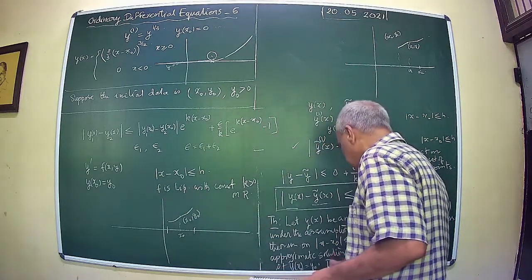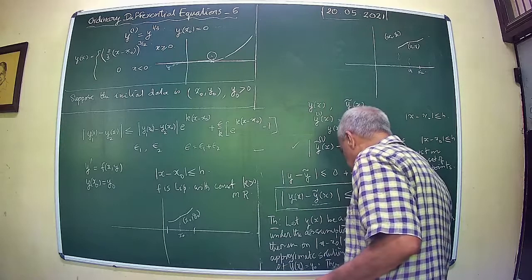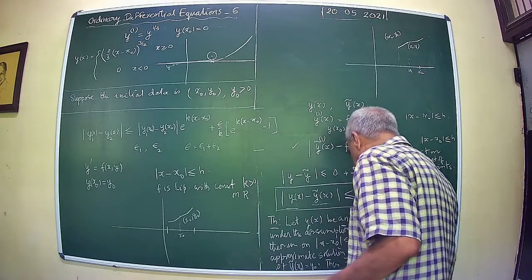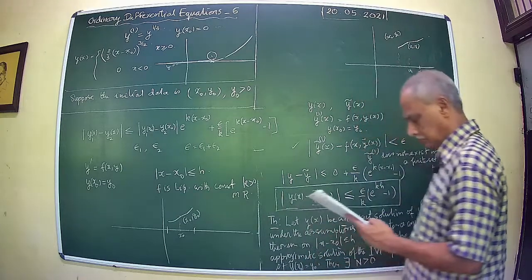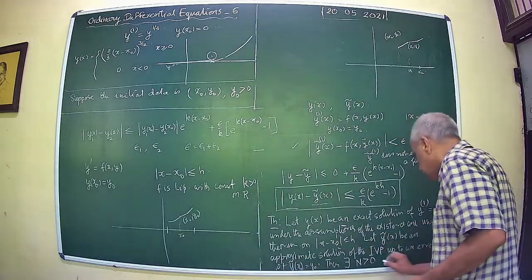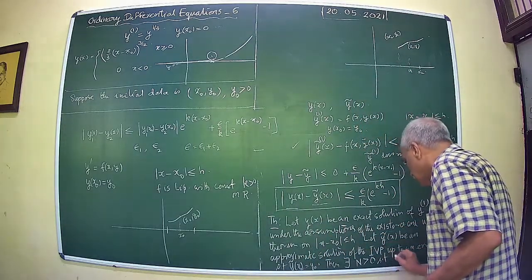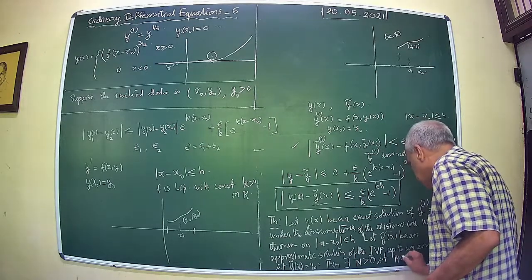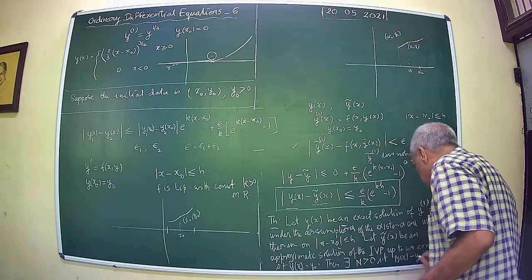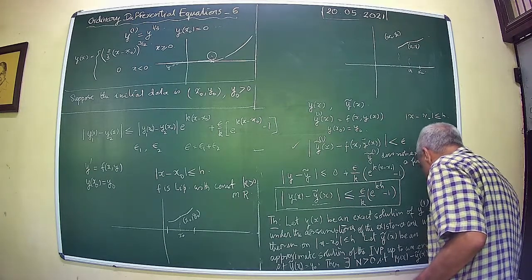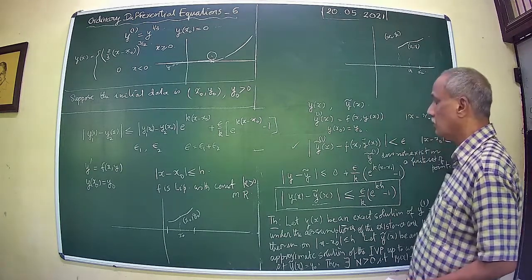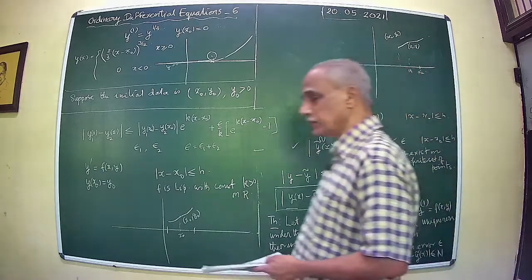Then there exists an N positive such that mod y(x) minus y tilde(x), on mod x minus x naught, is bounded.